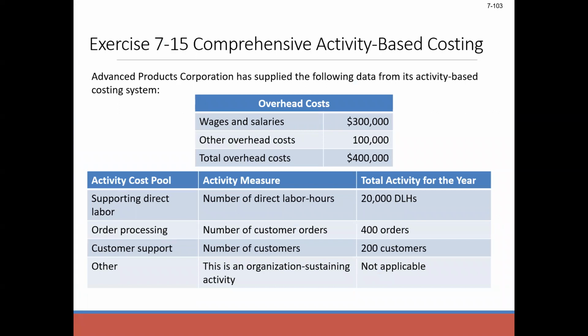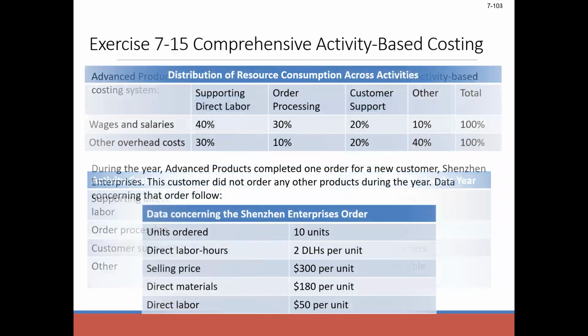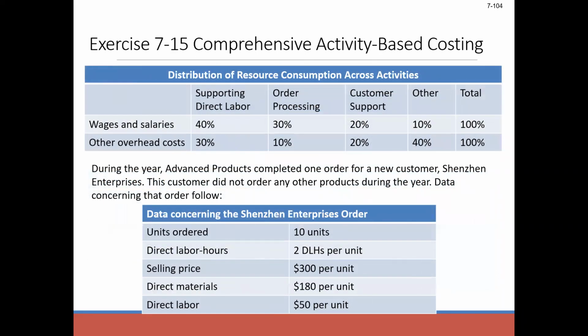Advanced Products Corporation has supplied the following data from its activity-based costing system. We've got our wages, overhead costs, then we've got the activity pool, the activity measure by direct labor hours or orders or customers. Got them all here. And we break down what the various costs are used for based on activities.